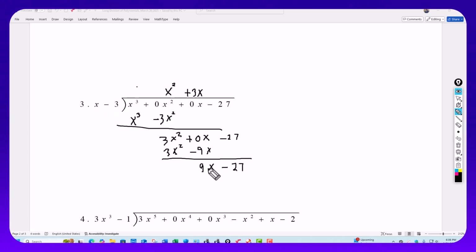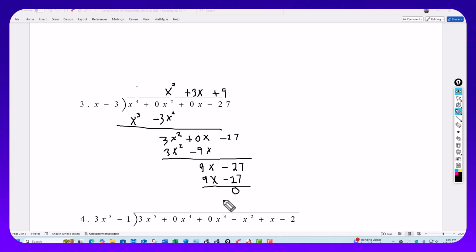x goes into 9x, the x cancels out, I get a plus 9. I multiply, 9 times x is 9x. 9 times a minus 3 is a minus 27. We subtract here, 9x minus 9x cancels to 0, minus 27 subtract the minus 27 is 0.